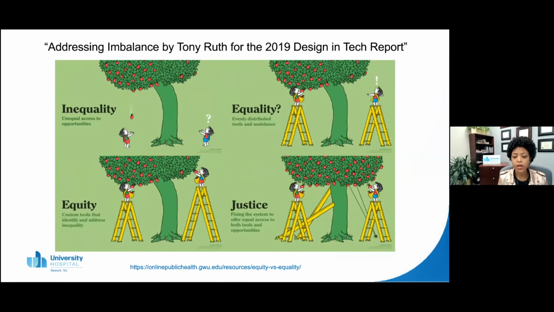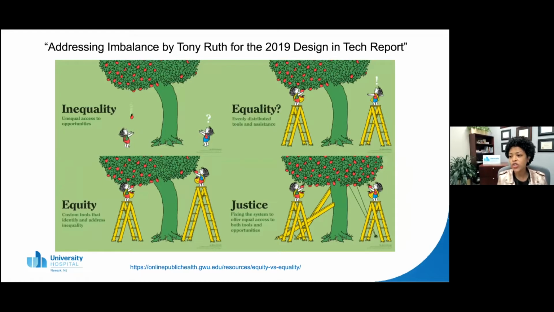So let's start here. It is impossible for us to have a conversation, a dialogue, a meeting of the minds and hearts, if you will, about the topic of disparities without rightfully placing them in a larger context. So often I have a conversation with people about the difference between equality and equity.